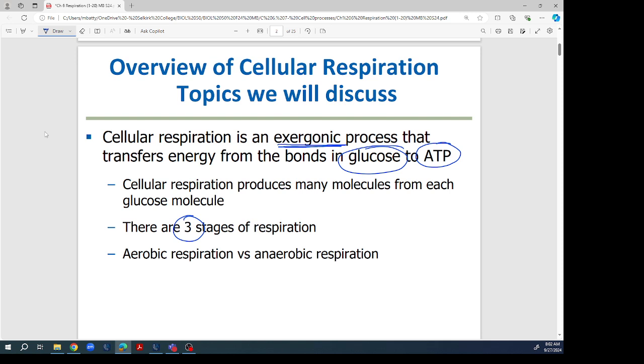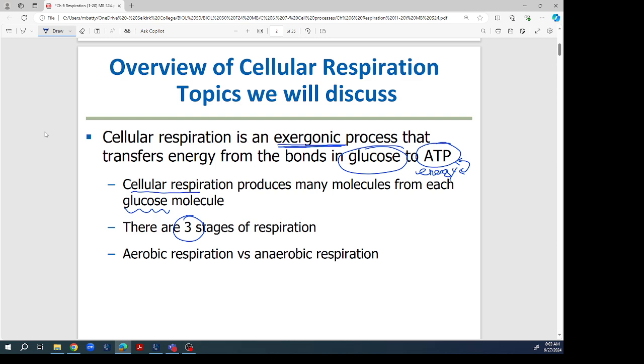And so ATP and energy have been used kind of interchangeably, but we are getting a little more specific in talking about ATP as that molecule that is the energy currency. So cellular respiration is the key process. It basically can make a lot of molecules from glucose, but we're going to focus on that ATP.